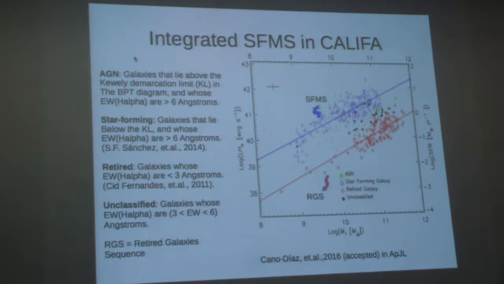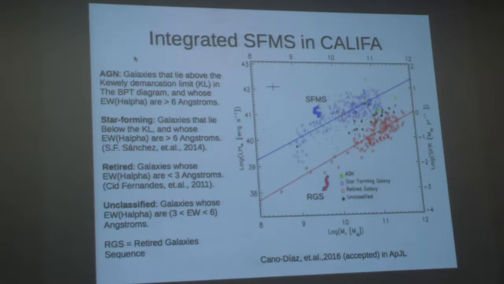And then I also applied a classification scheme in order to make sure that the star formation main sequence relation was built only with star-forming galaxies. For that purpose, we decided to use this classification scheme. First of all, the galaxies that lie above the demarcation limit and had H-alpha equivalent widths larger than 6 angstroms were considered to be dominated by AGN activity, and those are the green points.